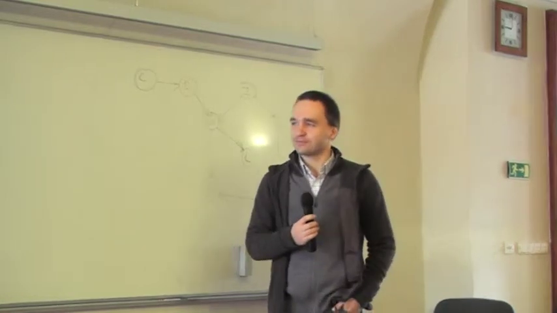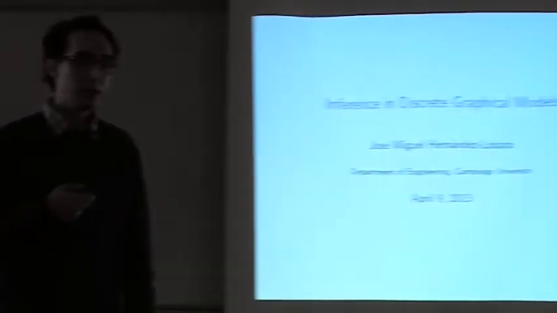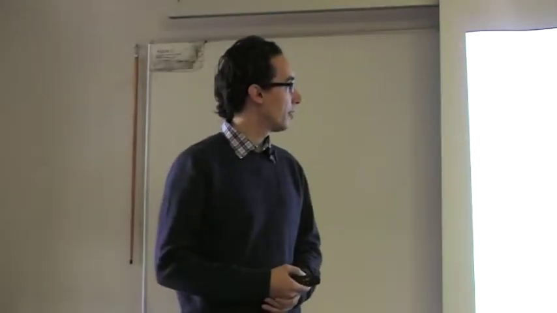So today's lecture is going to be about different algorithms for doing inference, exact inference and approximate inference, in discrete graphical models. These are going to be probabilistic graphical models with discrete random variables.